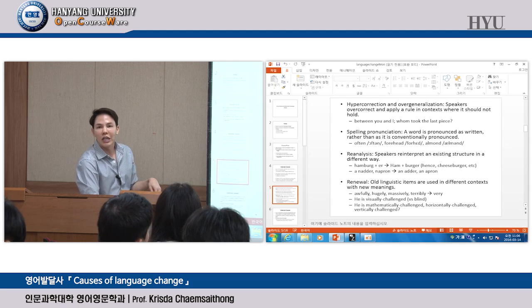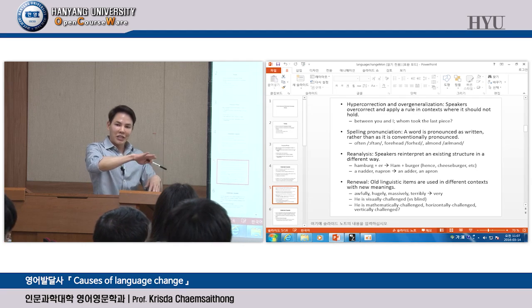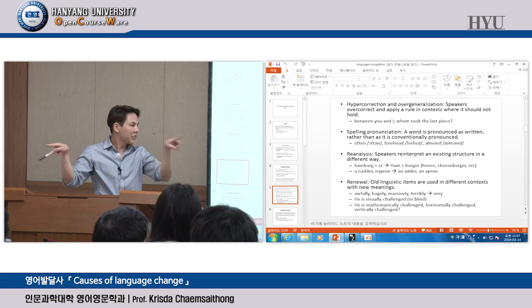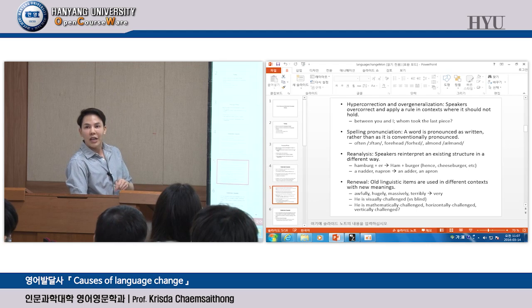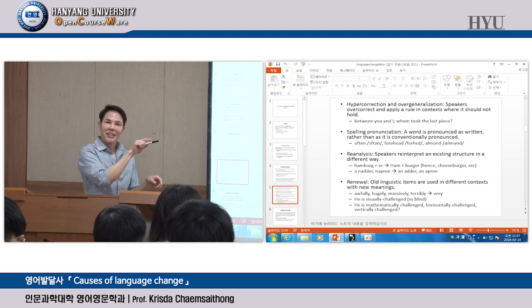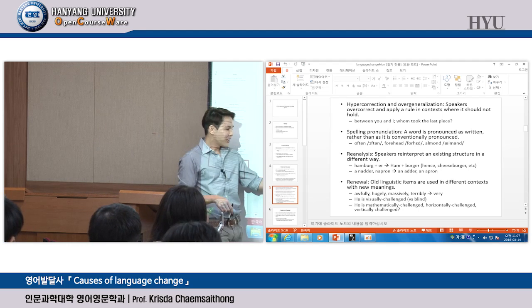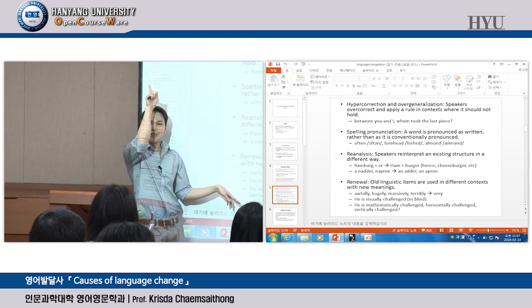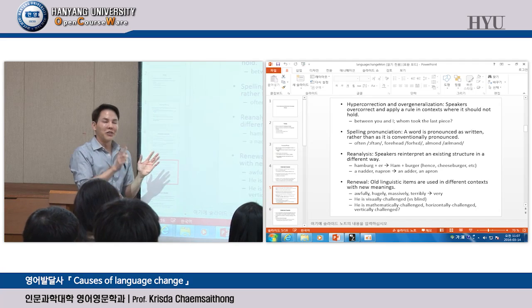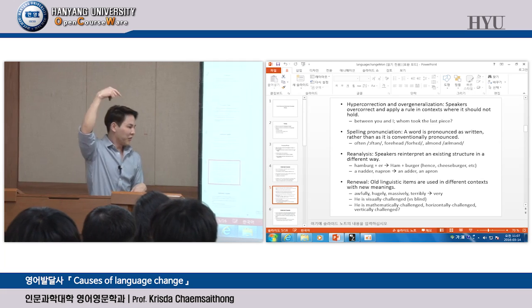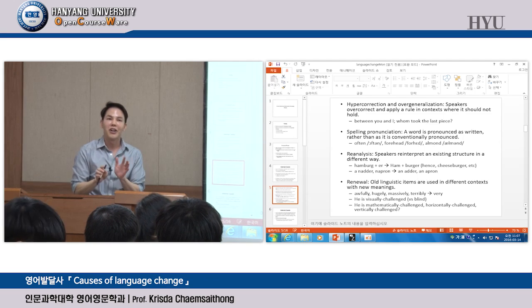Horizontally challenged, what do you think? Horizontally. So this direction, right? Horizontally challenged, maybe he's chubby, fat. Vertically challenged, vertical, this way. So it has to be negative, right? So if vertically negative, then he's not tall.